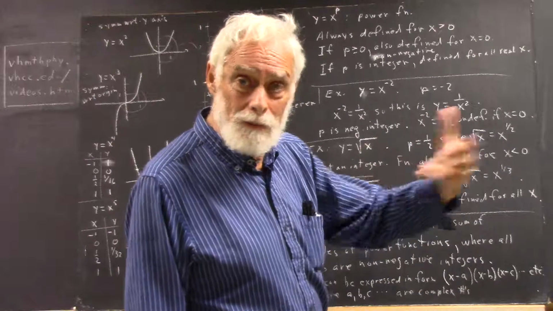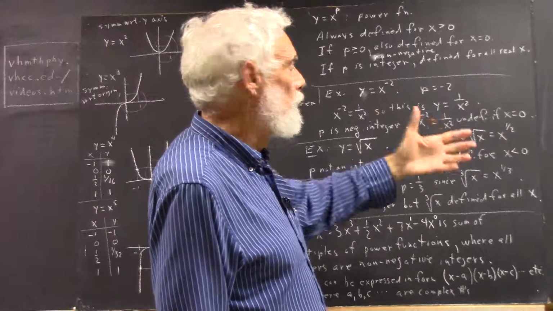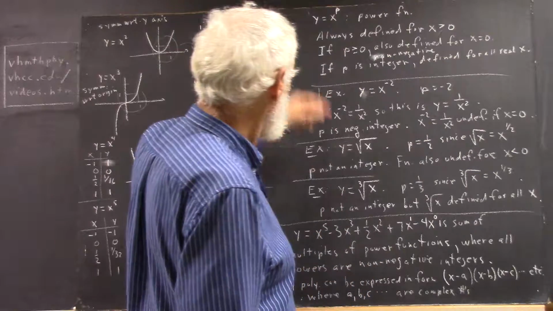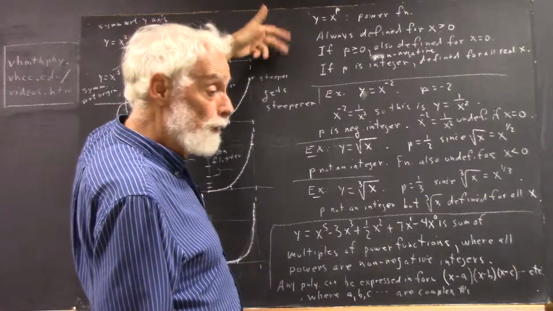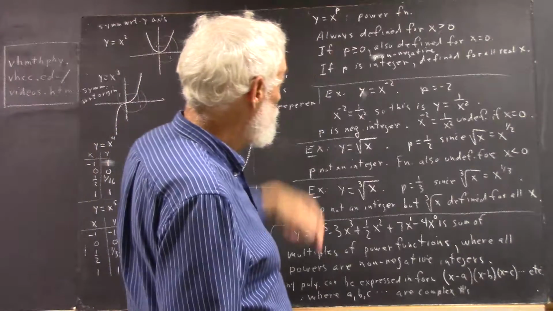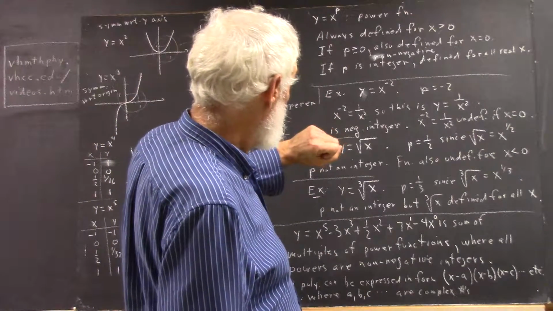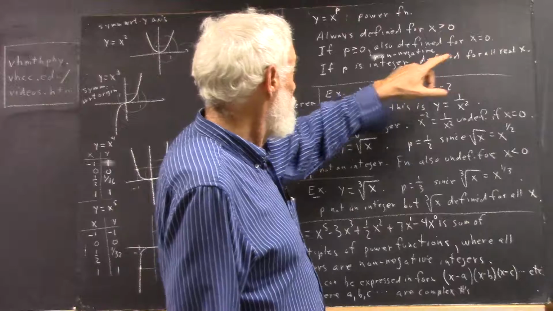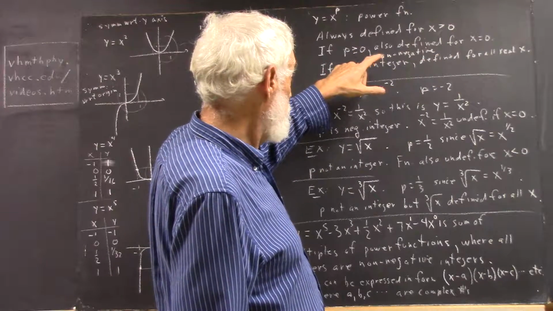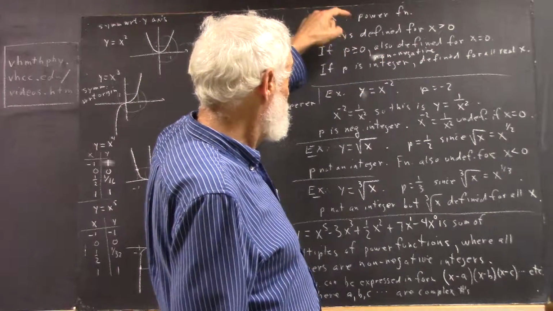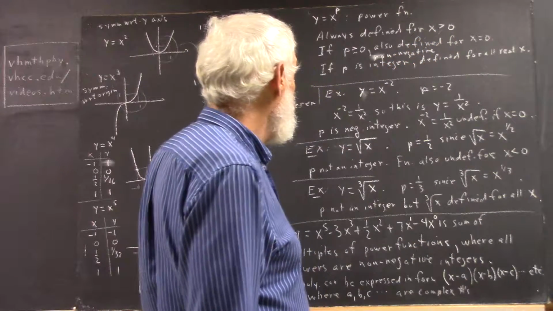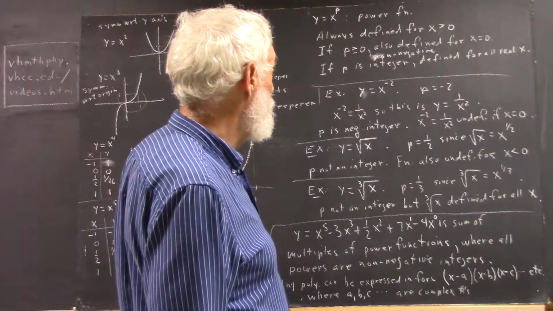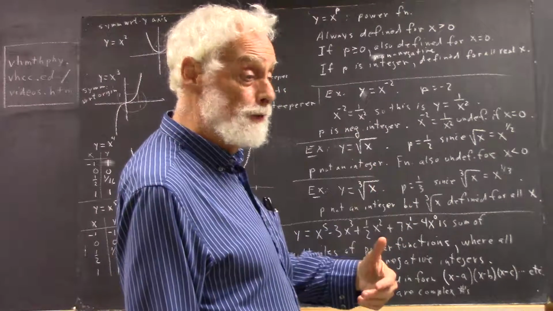Okay, now, some functions aren't defined when x equals 0 because p could be a negative number. So if you have, for example, 1 over x squared, well, that's the example we give here, and we'll talk about that in a minute. And we'll see why sometimes power functions are not defined when x equals 0. And sometimes they're not defined when x is less than 0.